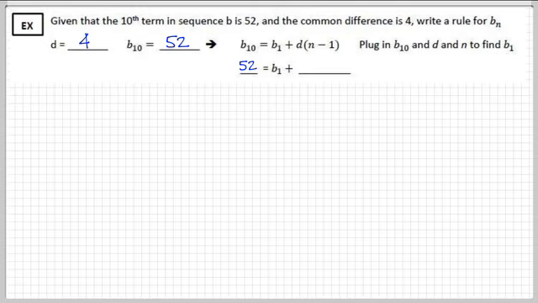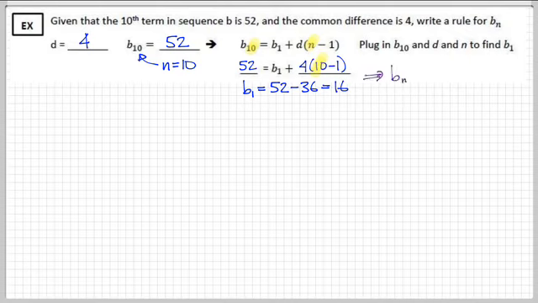My y value is 52. So I plug 10 right in here, and then I have my equation. Solve for my unknown: a1 is 16. So now I can write my general equation: the nth term is equal to the starting term, 16, and I add my common difference, which is 4, n minus 1 times.